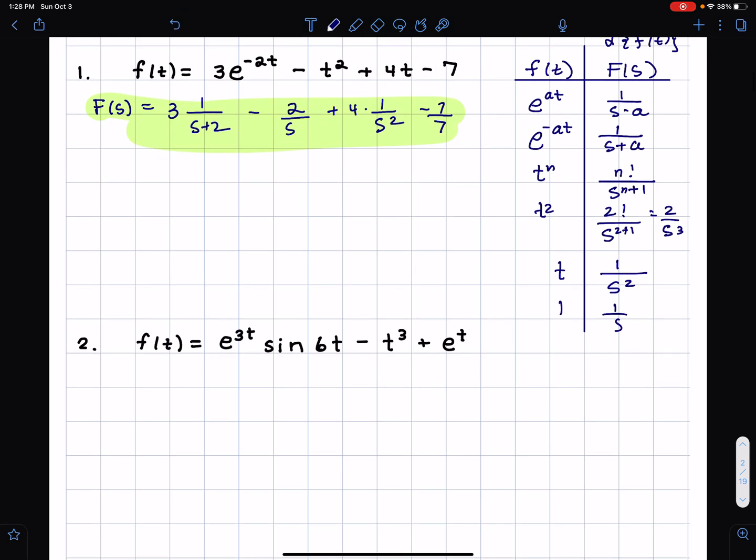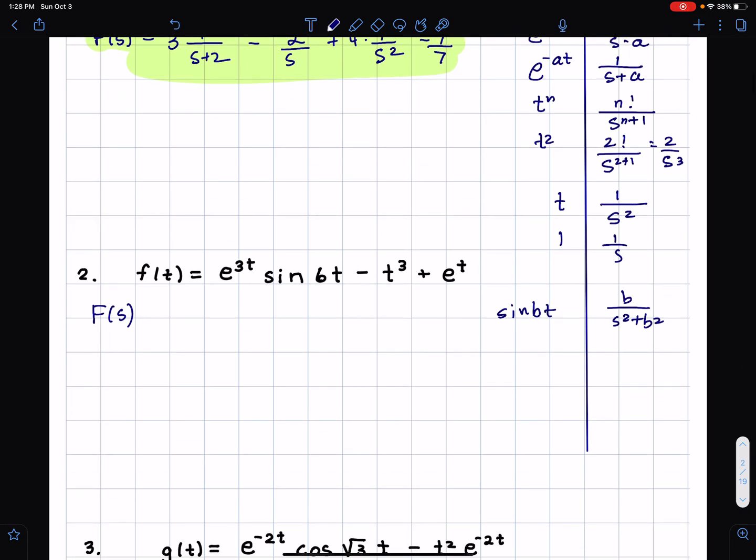It gets a little more involved in the next one. So let's continue on the table here. For sine of bt, we have a formula for the Laplace transform, which is b over s squared plus b squared.